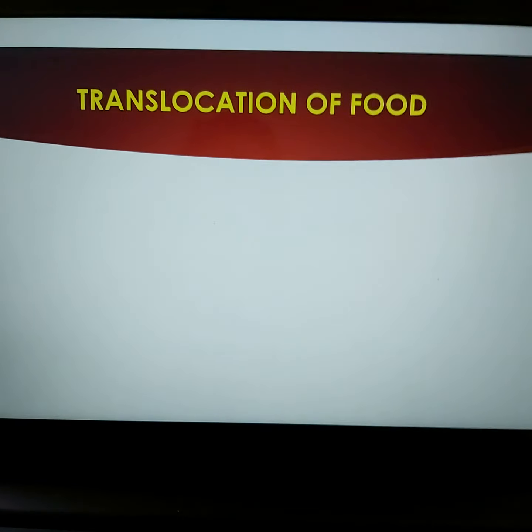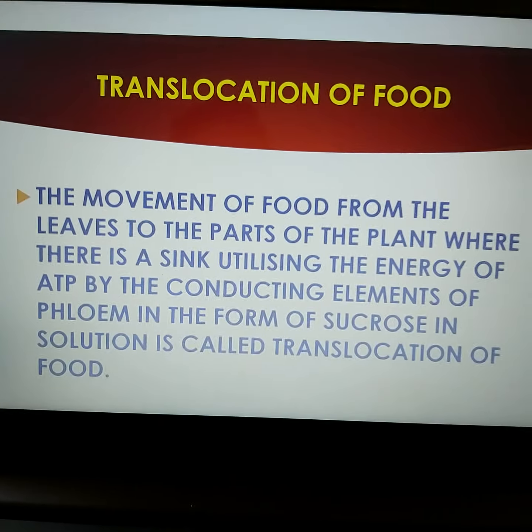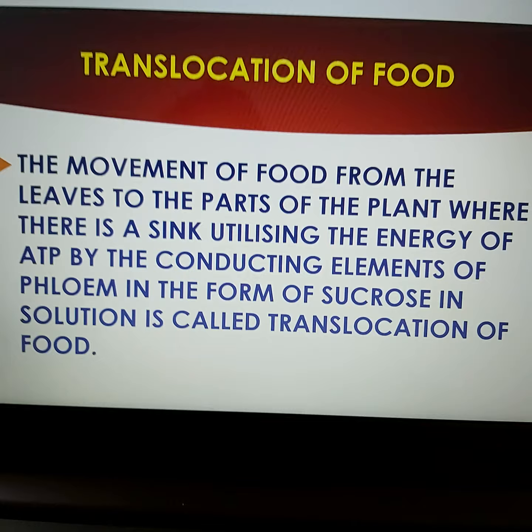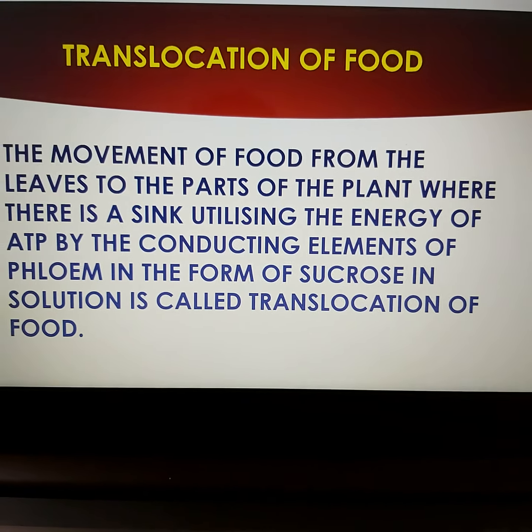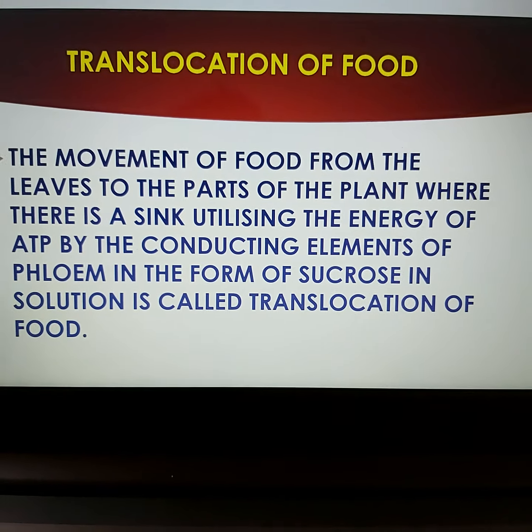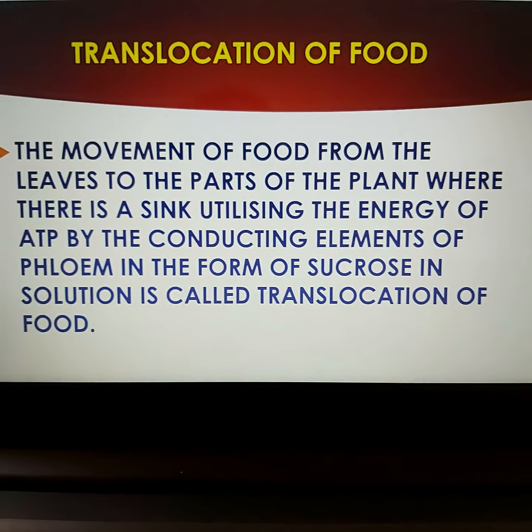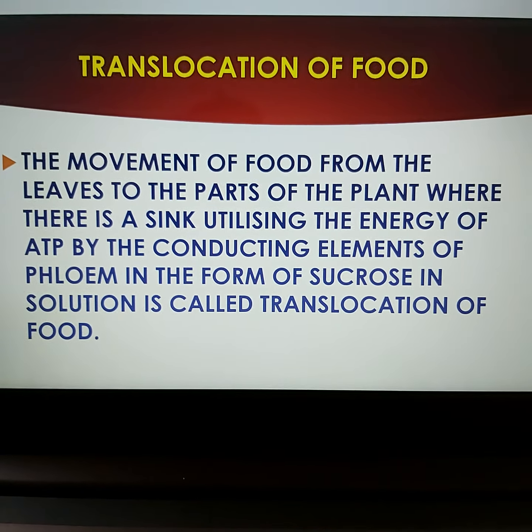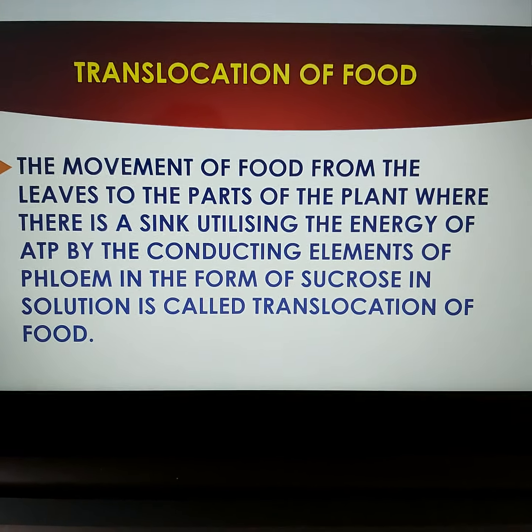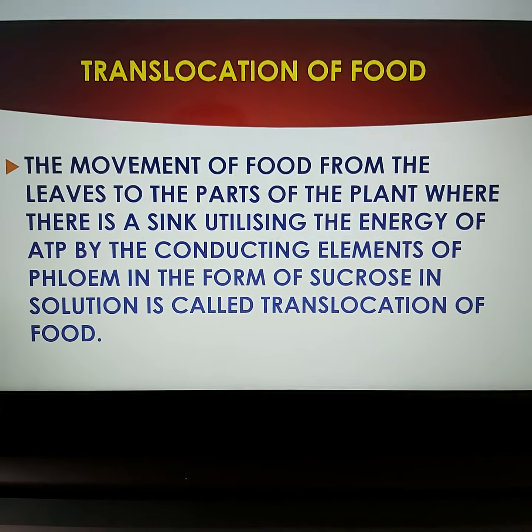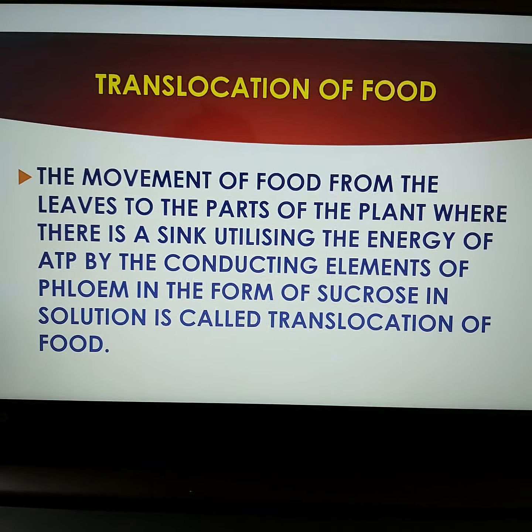Translocation of food by phloem refers to the movement of food from the leaves to different parts of the plant where there is a sink, utilizing the energy of ATP by the main conducting elements of phloem, in the form of a sugar, sucrose, in solution.